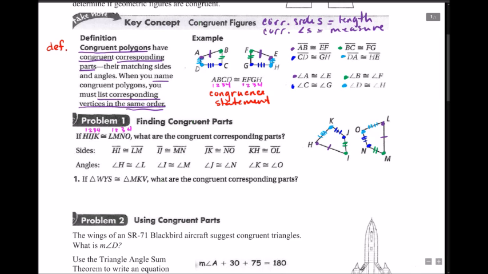Our first example up top was a flip. This one is a flip and a rotate.